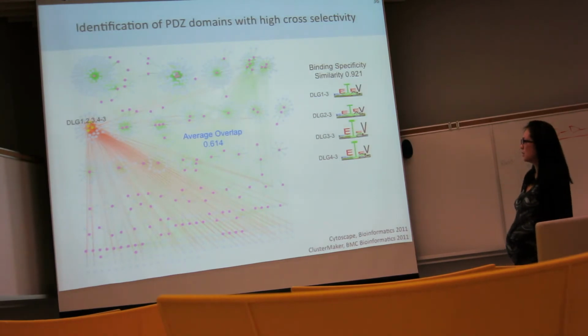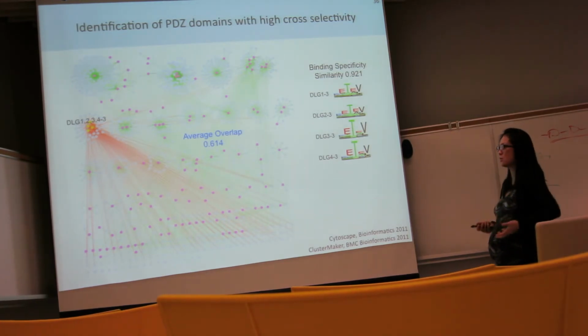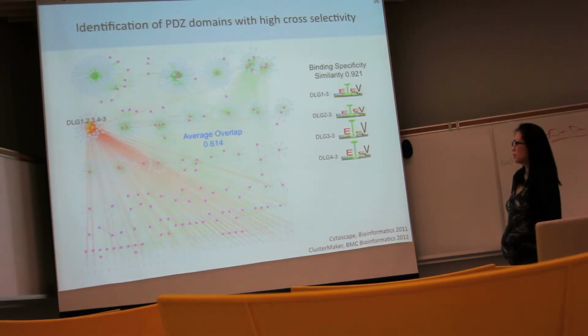The amount of cross-selectivity can be measured using an overlap score, which simply computes the percentage of targets that are similar between two PDZ domains, 1 representing complete overlap, and 0 representing no overlap or very low cross-selectivity. An example of domains that have high cross-selectivity are ones that are related, or paralogs.